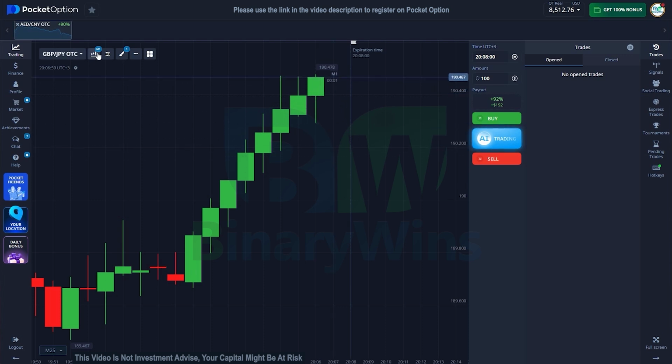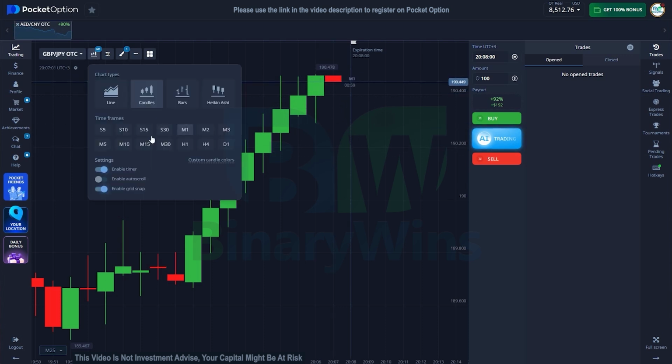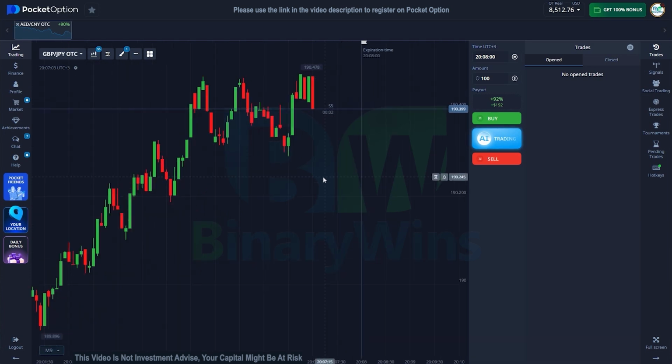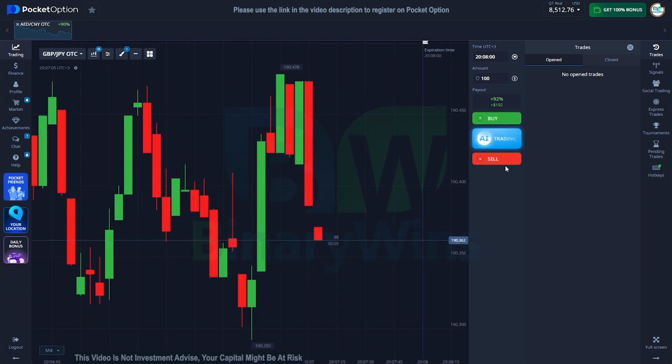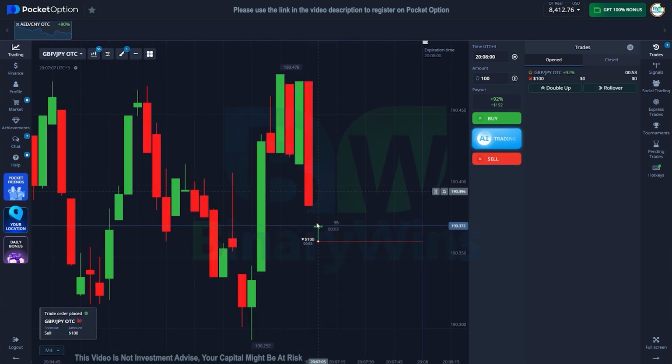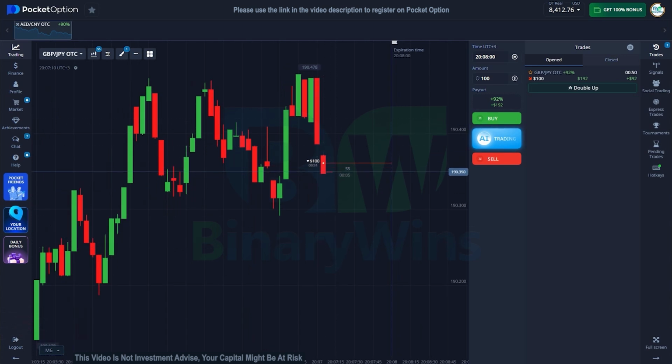But in this situation, I use a 5-second confirmation. First, I go to the 5-second time frame. In the 5-second confirmation trade, I entered the lower trade when the first full red candle formed.